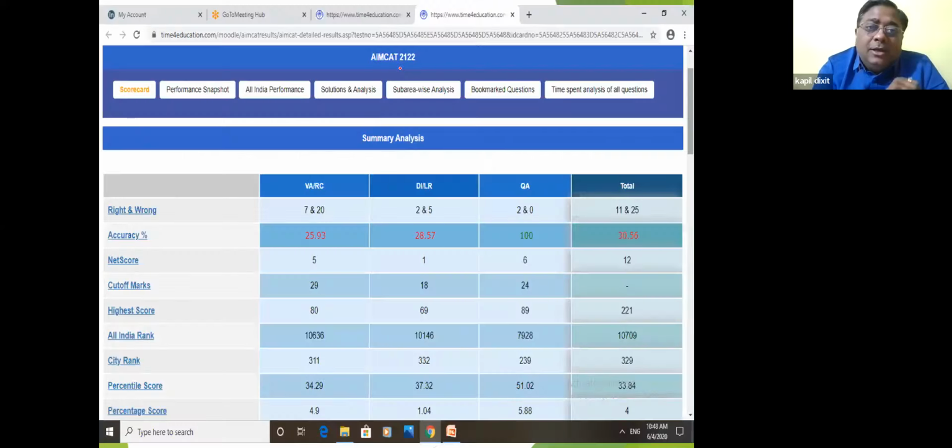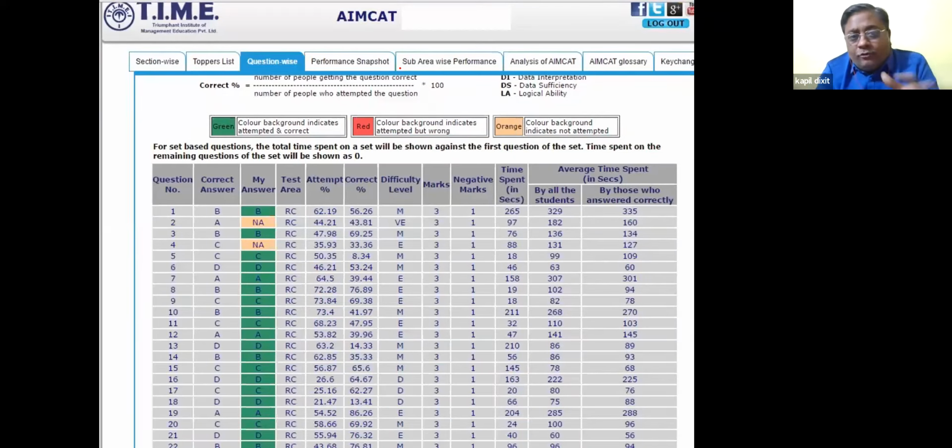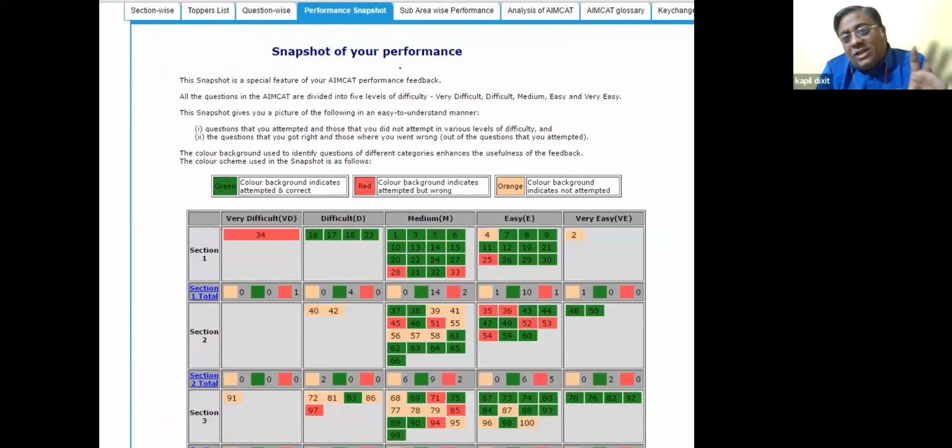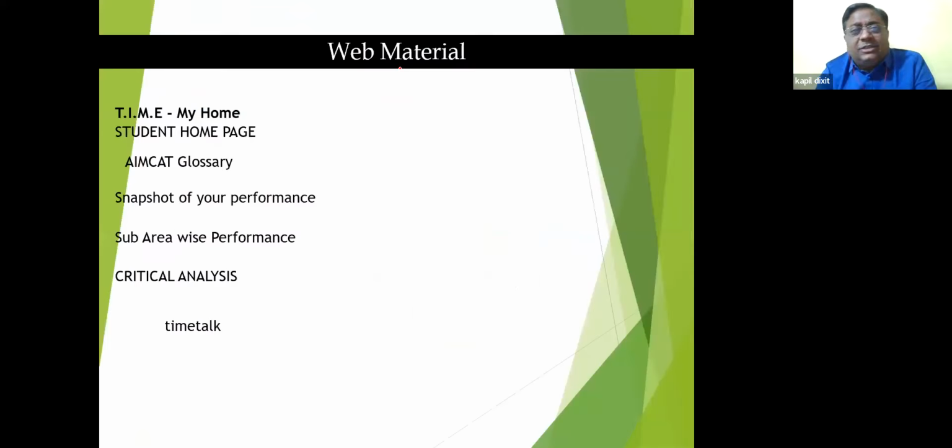Okay, so this is, we have already discussed this. I have told you how you have to do this analysis. Now one snapshot of performance is also given. This also we have discussed. Now this is whole AIMCAT tool student homepage page which is available.